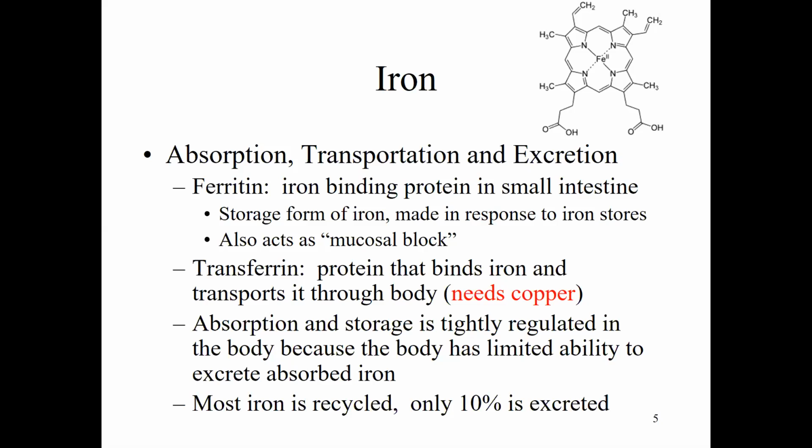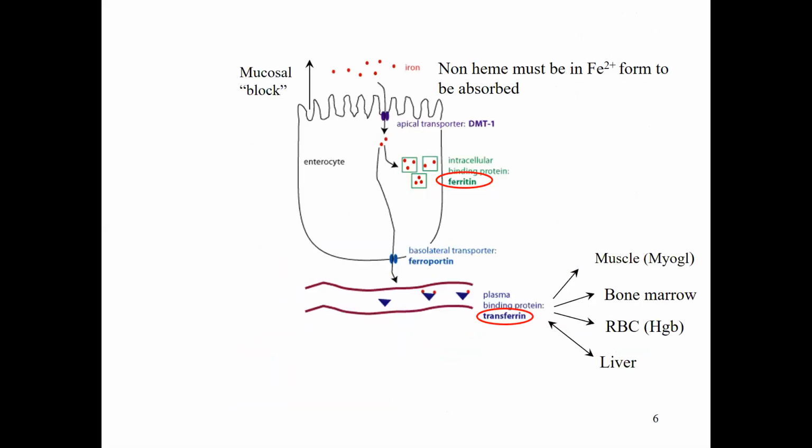And when you can't get rid of something, it can sometimes build up, and especially if it's a more harmful or toxic micronutrient, that can be a problem. For iron, it is, and so absorption and storage are tightly regulated. Our body kind of likes just to keep reusing the iron. It can get recycled mostly through the liver, and we only excrete about 10% of the iron we take in. It's all part of how we regulate it.